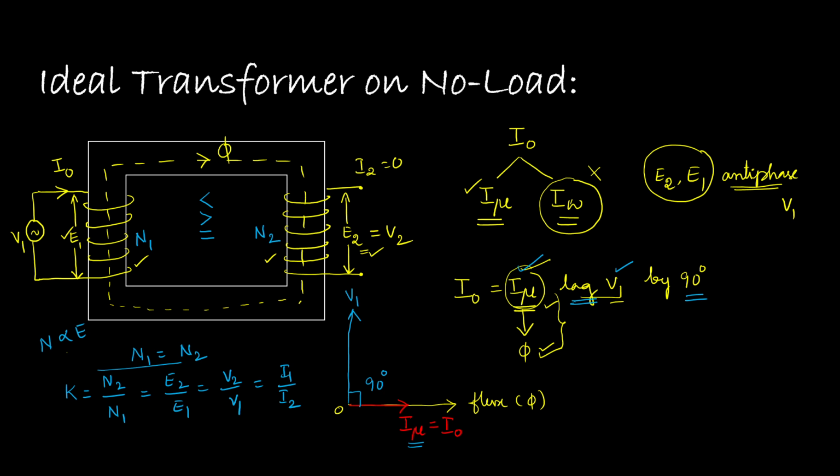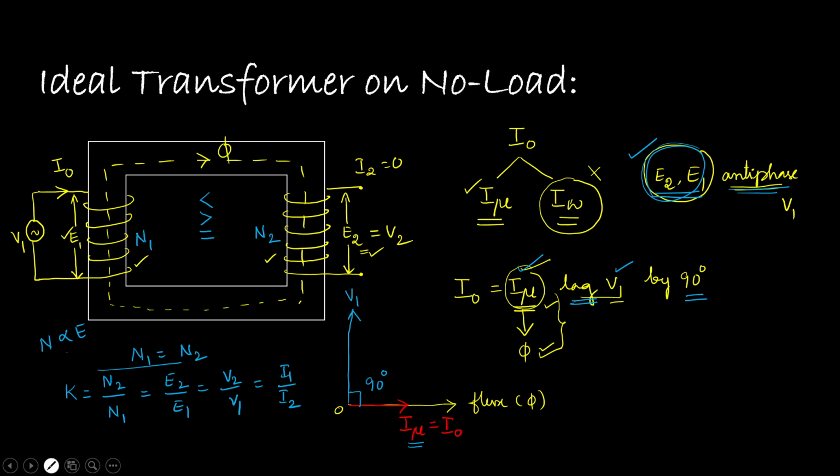That means N2 by N1 equal to E2 by E1. By simple observation, we can say that the number of turns is proportional to EMF, or EMF is proportional to the number of turns. So if I consider the equality condition, E2 equal to E1 will be the condition.